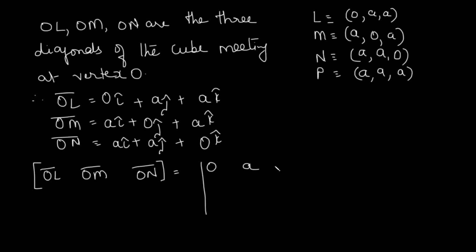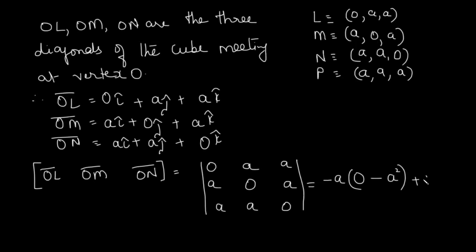So 0, A, A; A, 0, A; and A, A, 0. Upon solving the determinant, 0 into anything is 0 and we get the second term as minus A into, A into 0 becomes 0. So 0 minus A into A becomes A square.